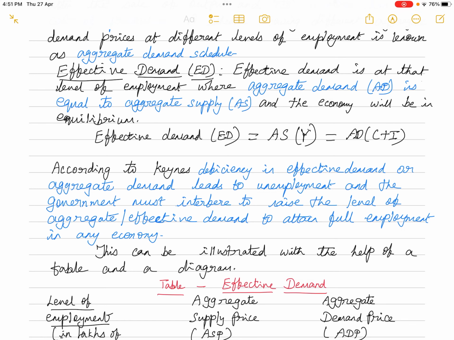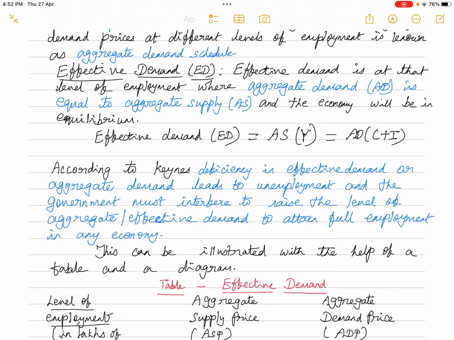So according to Keynes, deficiency in effective demand or aggregate demand leads to unemployment, and the government must interfere to raise the level of aggregate or effective demand to attain full employment in any economy.